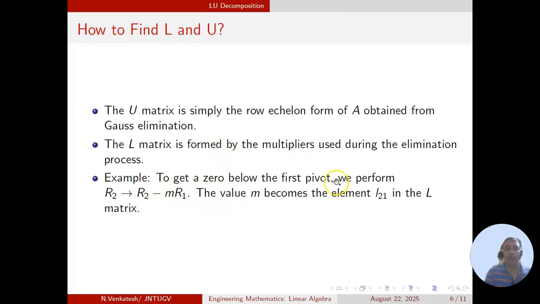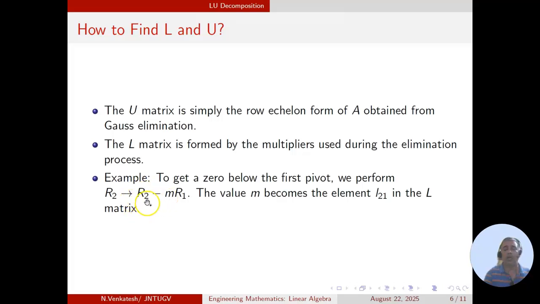As we know, to convert into a row echelon form, first we consider the main diagonal elements as the pivot elements. Suppose you consider the first row first element as the pivot, and to get zeros in all the elements below, suppose you consider the second row first element, if you want to make it 0, then we will do this operation, that is adding multiples of R1 to R2.